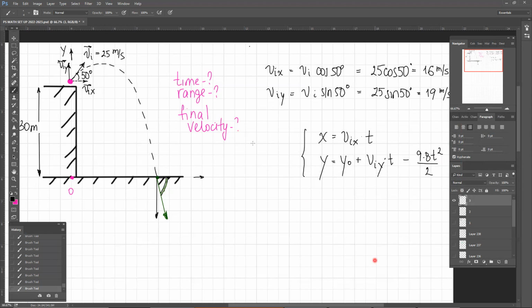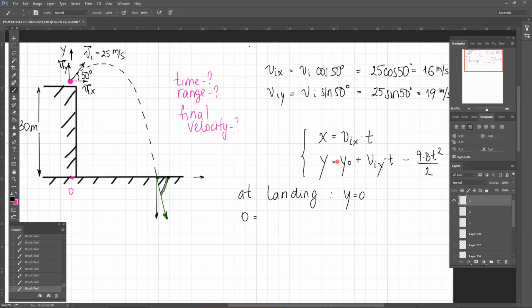What do we have from here? We have the same concept. At landing, y coordinate is 0, because I decided that my 0 is on the ground. So initially it's 30, it goes up, down, at landing it's 0. At landing, y equals 0.